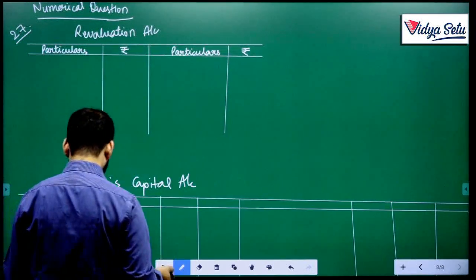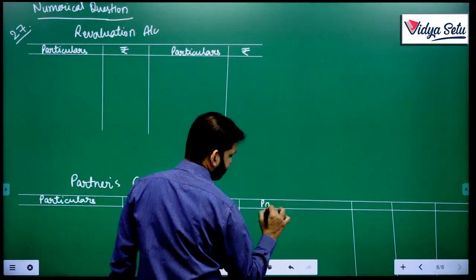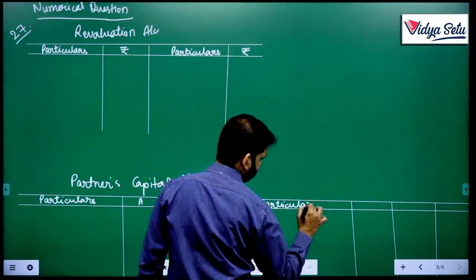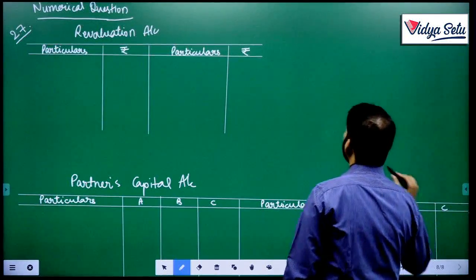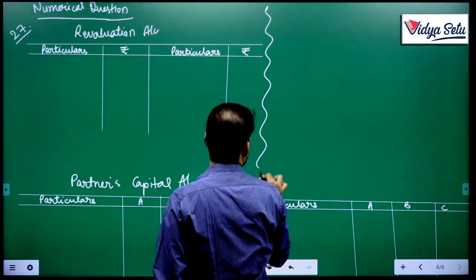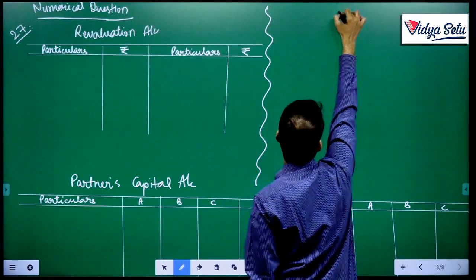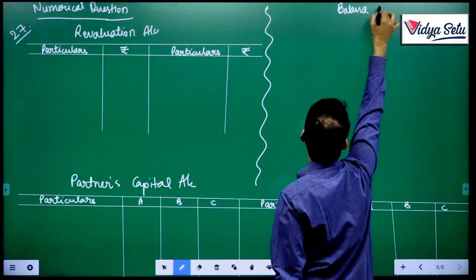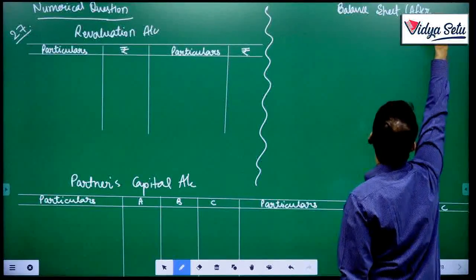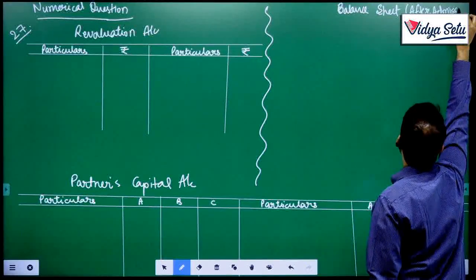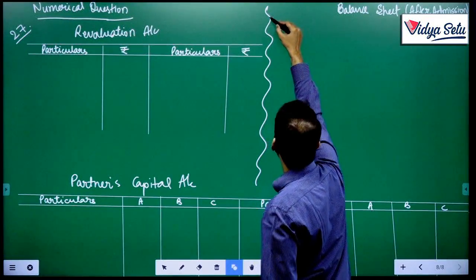Now, what are the names of the partners? A, B, and C. And I'm just making a bifurcation here, and I'm going to make the balance sheet. So this balance sheet is after admission.